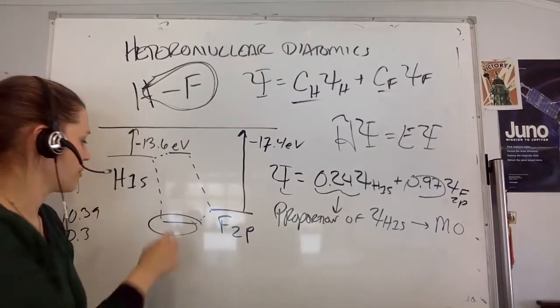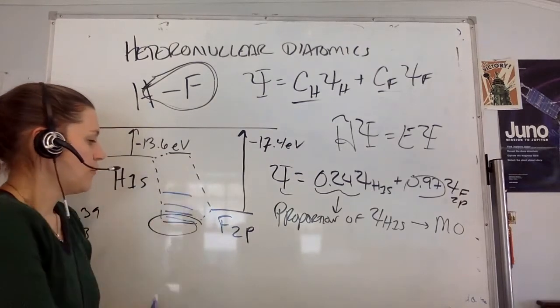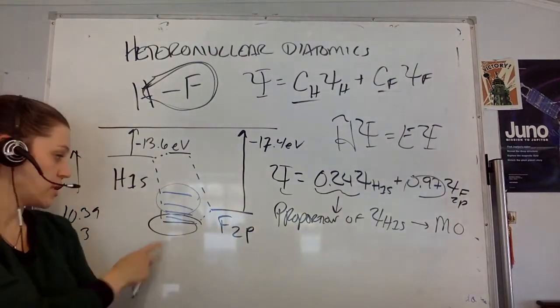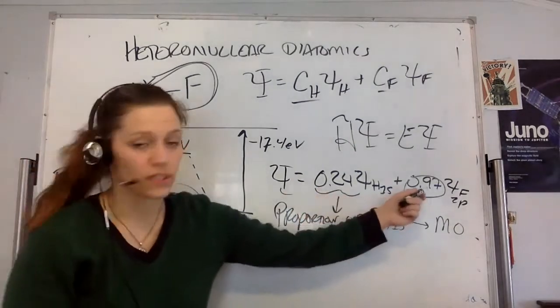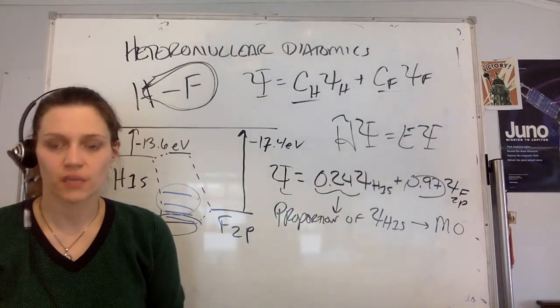You could have a wave function that gives you one here, or here, or here, or here. Those are nowhere near as stable as the lowest energy option, which is the one that optimizes the coefficients, 24% and 97% of each of the wave functions of the respective atomic orbitals.